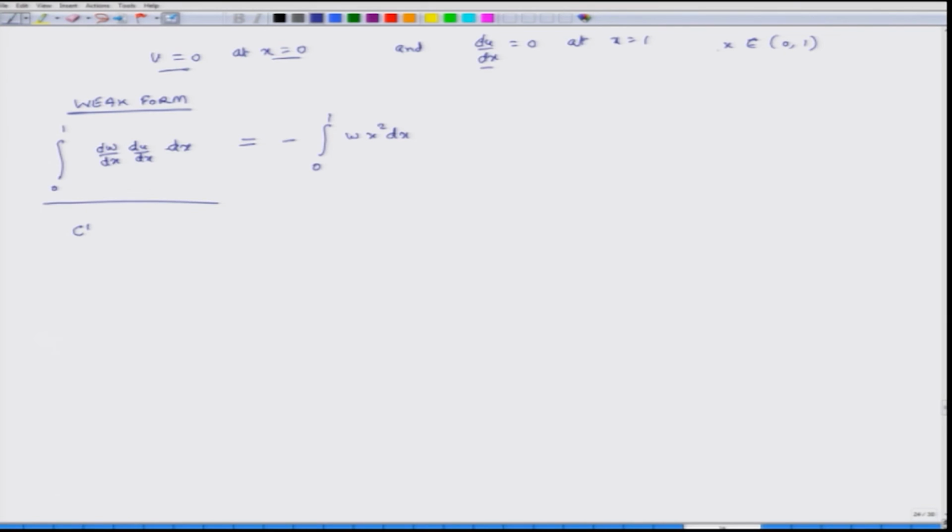We choose appropriate approximation functions. So, let u n is equal to sum of C j phi j.